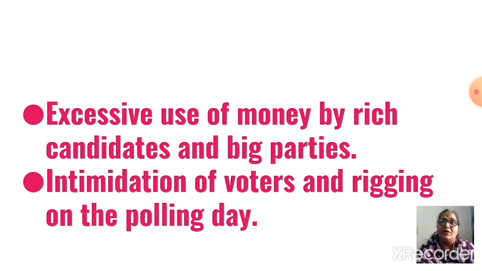Like he will tell a voter, come on, you cast your vote for me. If all this comes out and people come to know about it, his election will be cancelled.